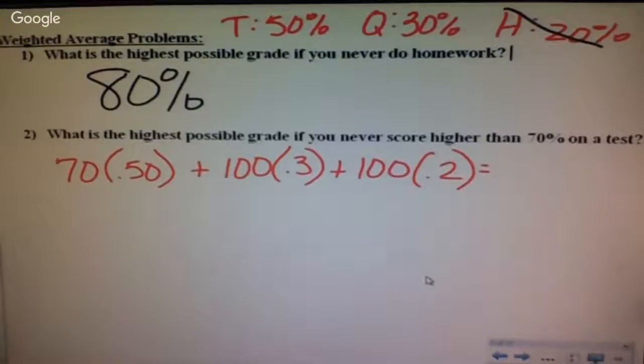So you would plug this into your calculator. You want to do 70 times 0.5, plus 100 times 0.3, plus 100 times 0.2.